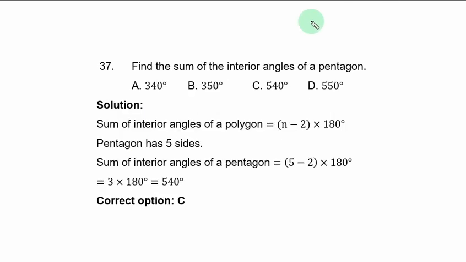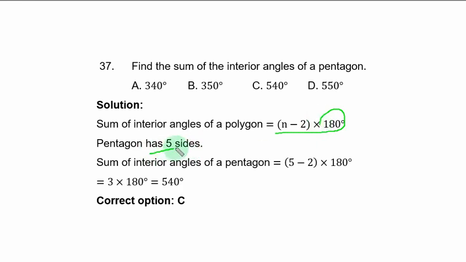Question 37. Find the sum of the interior angles of a pentagon. For any regular polygon, the sum of interior angles is equal to n minus 2 times 180 degrees, or 2n minus 4 times 90 degrees.